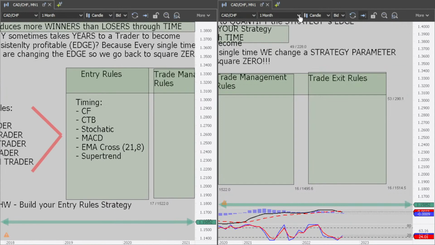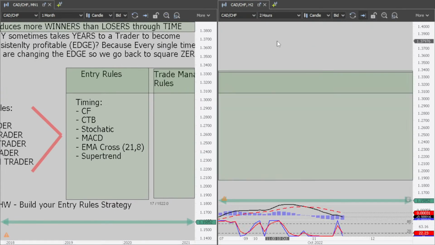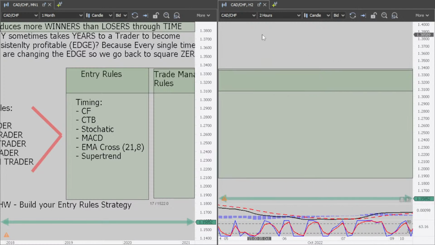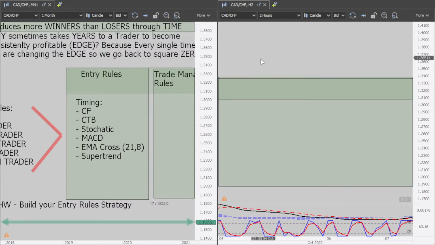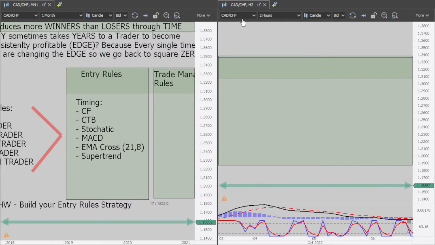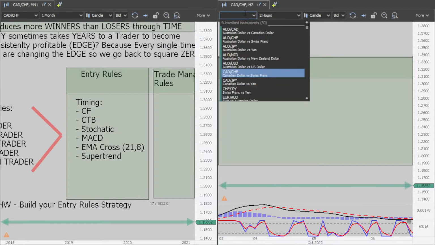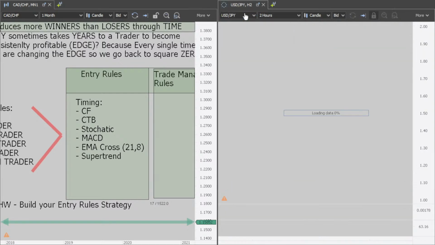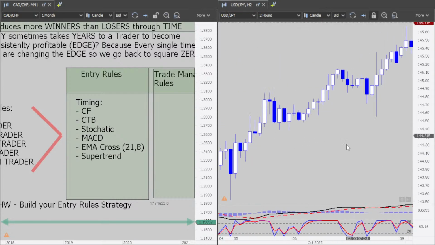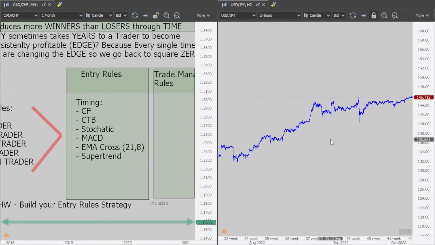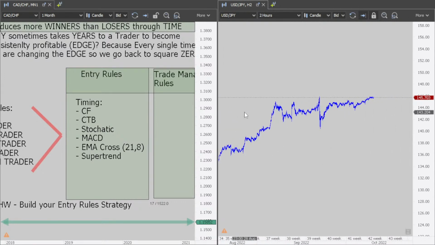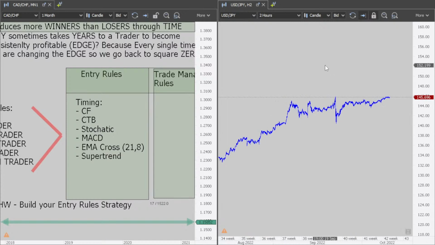And here we can go on a 2 hour chart, 15-minute chart. Everybody type in the chat a time frame that you prefer: 1 hour, 2 hour, 15-minute, daily, weekly. And let's go on USD JPY, why not? So this is the USD JPY 2 hour chart.